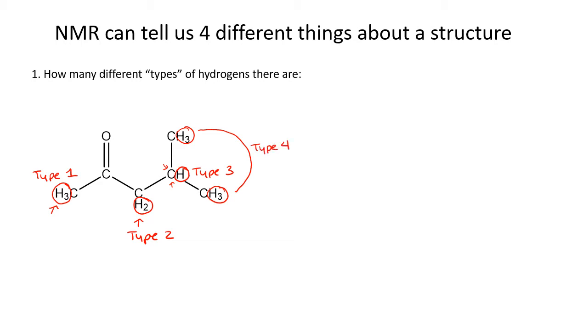Now, since we have 4 types of hydrogens, each set of hydrogens is going to have its own set of peaks on the NMR spectrum. So 4 types of hydrogens means that we would expect to see 4 different peaks on the NMR spectrum.